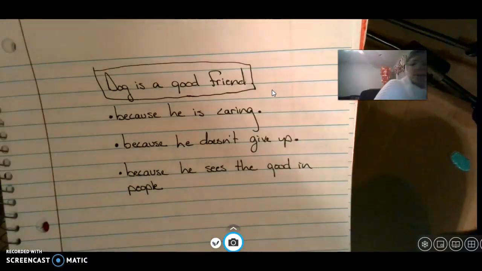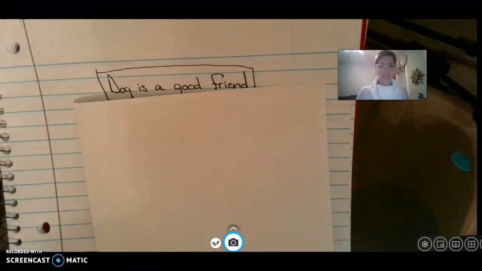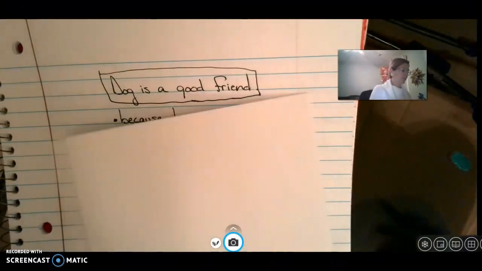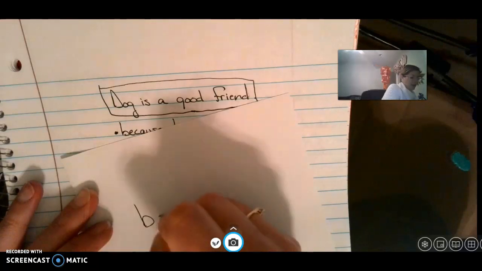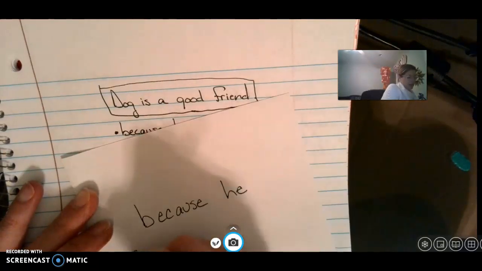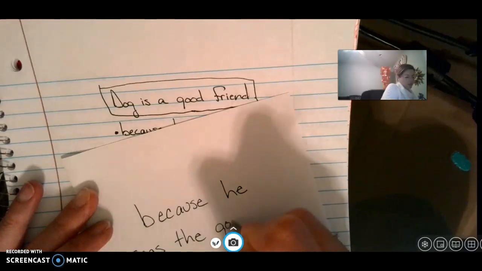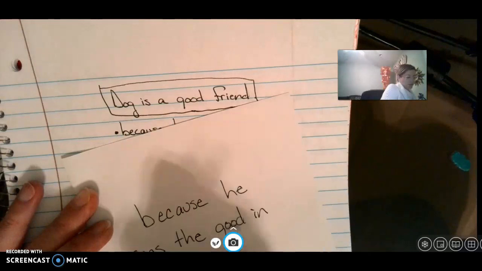And if you guys remember from the last unit, I already started those file folders. So I'm going to take some paper, fold it in half, and label it with my reason. I'm just going to start with because he sees the good in people.